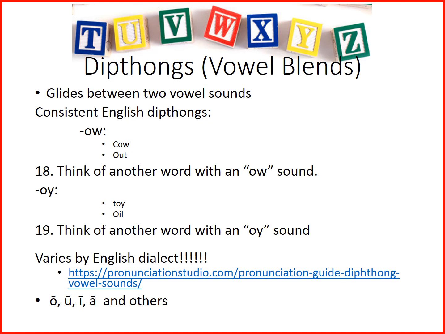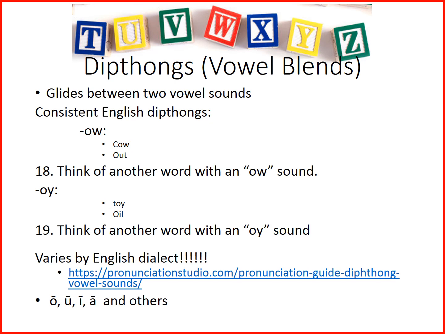But let's think about ow. Ow as in cow or out. So you can see the spelling OW or OU for that ow sound. So for number 18, pause the video and think of another word with an ow sound.